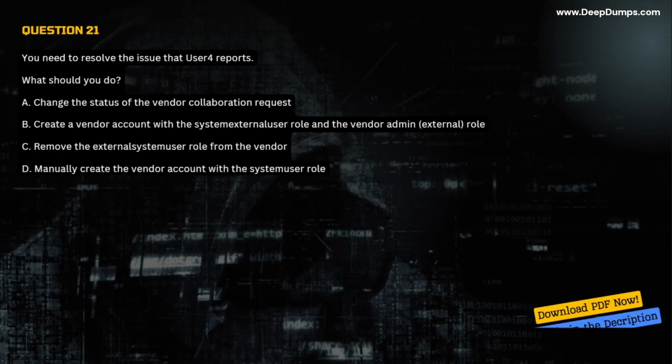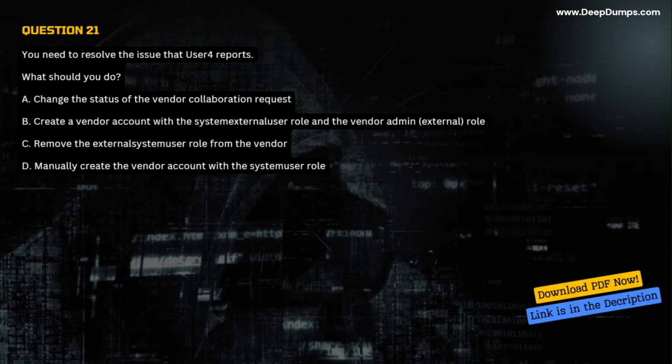Question 21. You need to resolve the issue that user 4 reports. What should you do? A. Change the status of the vendor collaboration request. B. Create a vendor account with the system externalizer role and the vendor admin external role. C. Remove the external system user role from the vendor.